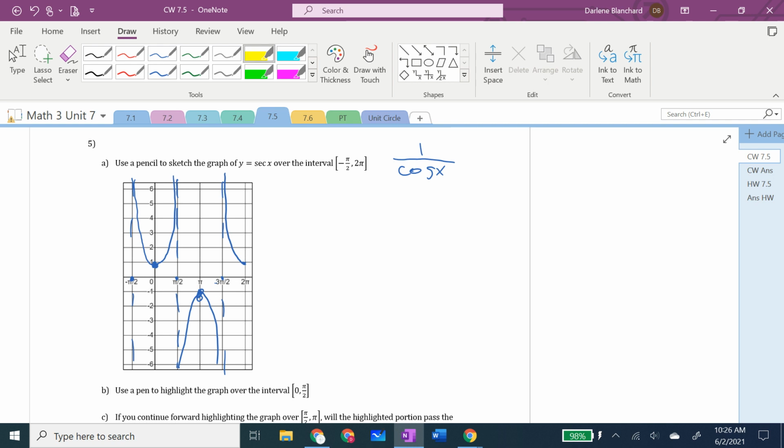Okay, so we need to highlight from x equals 0 to pi over 2 gives us this section, and every single graph uses 0 to pi over 2. Then I want you to see that if we cross over the asymptote and go to pi, can you see that what is highlighted there does pass the horizontal line test?